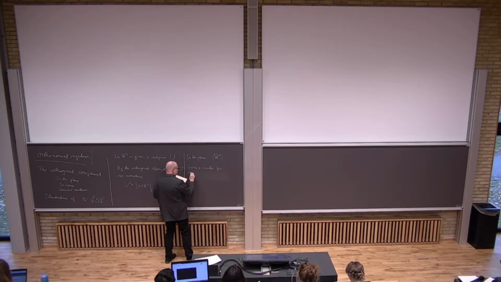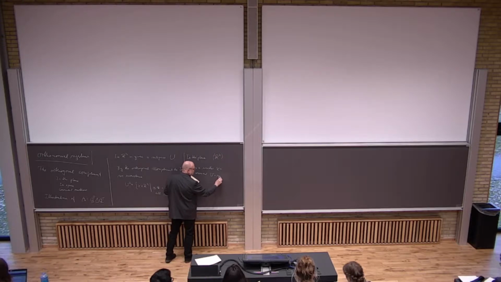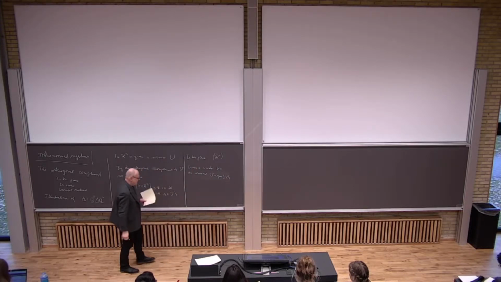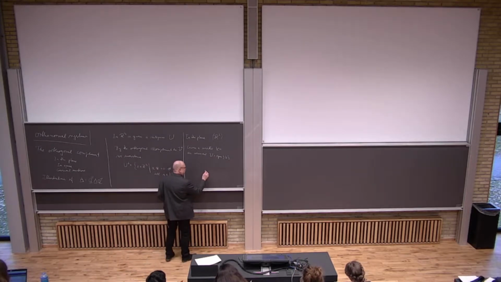And then we consider the subset of R2 as the span of this vector. So this is the span of the vector V. Now, how does that look? Let's try to figure that out.